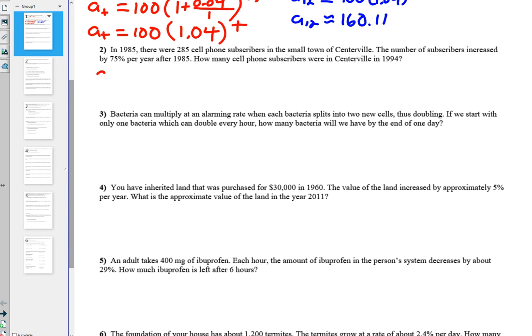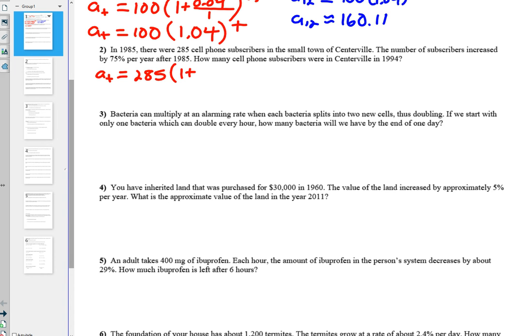So the amount after some time is equal to 285, your original amount, times 1 plus what is the rate of growth?